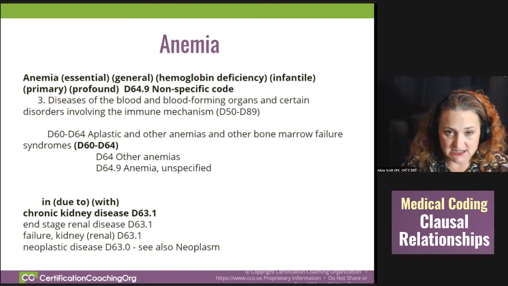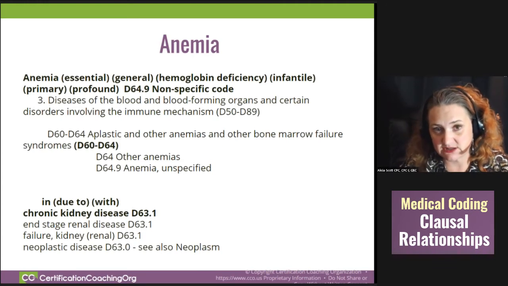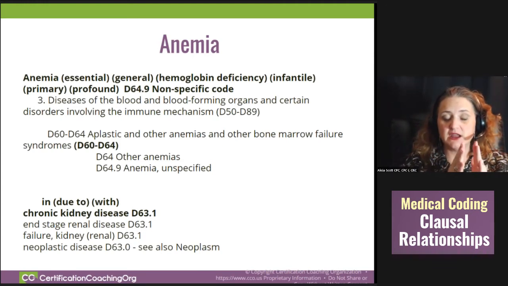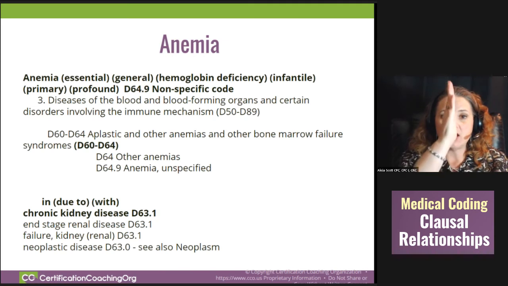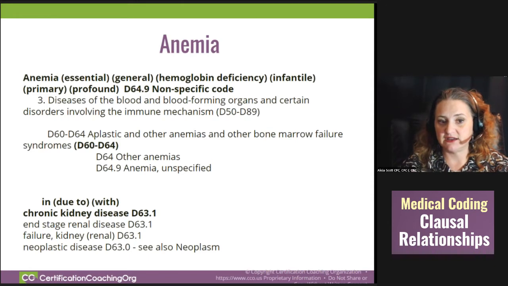So if you have your ICD manual, feel free to look up anemia as we go along here, or pause the video if you're not live streaming, and go look up anemia. You'll notice that it'll say anemia, and then it'll indent, and then it'll list all the different types of anemia. And when it does that, there isn't a CKD or renal or kidney that we're looking for.